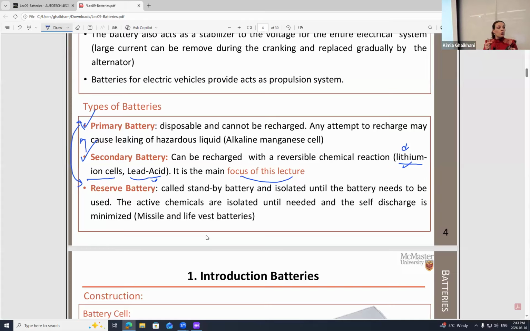You may see some liquid coming out of them. They have some leakage, although you never used them, right? Therefore, this type of primary battery is always active. Even if they are still inside the pack, their chemical reaction is going on, and that's why they have some self-discharge. Sometimes they are not bad and do not have any leakage.